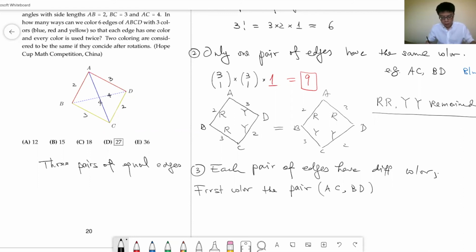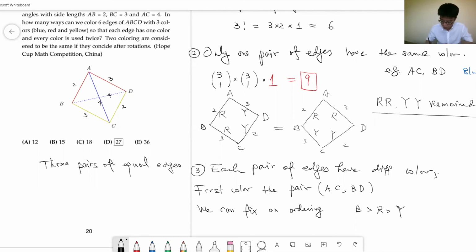And now let me try to find a way such that we don't allow rotate, or we can avoid flipping. So basically we can do the following. I can make an ordering between the colors. Between these colors, for example, B is larger than R, is larger than Y. Let me just make an order for the colors.